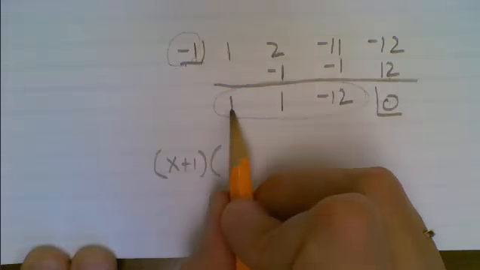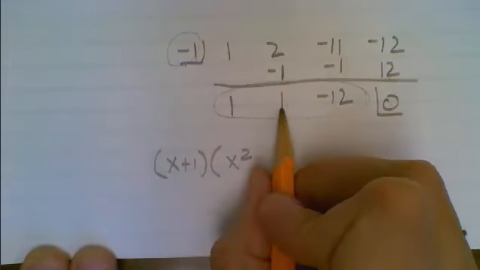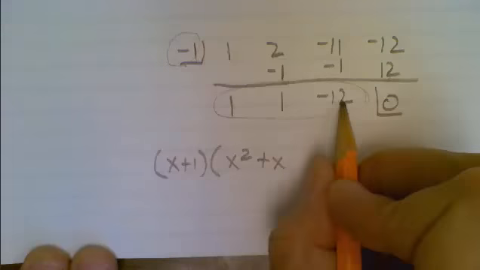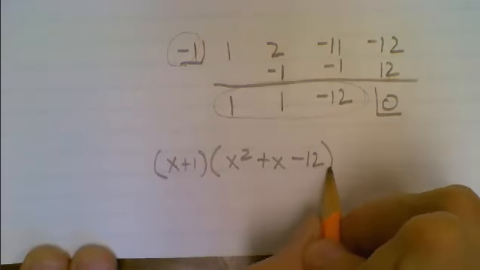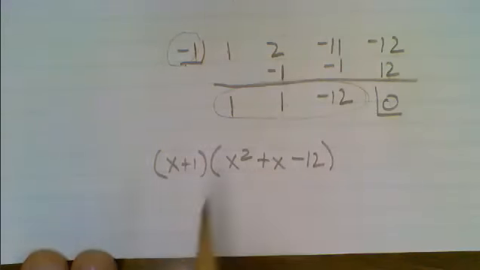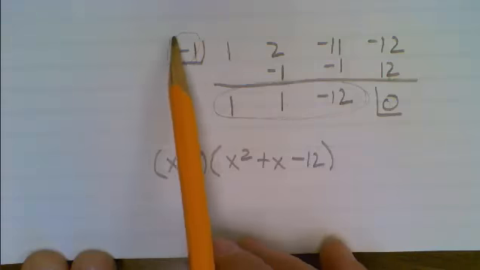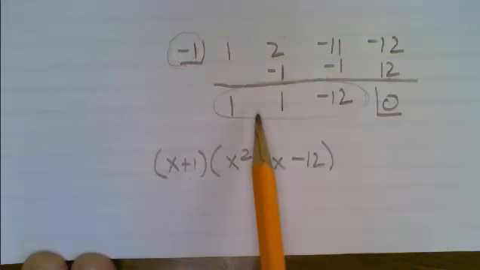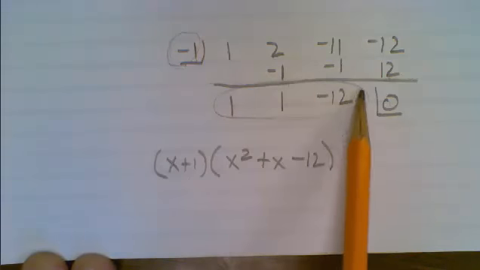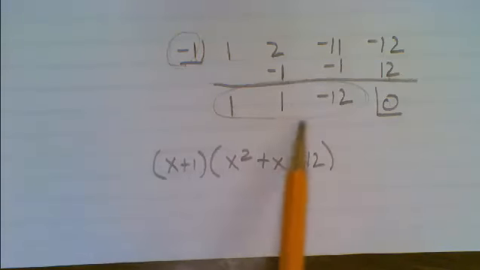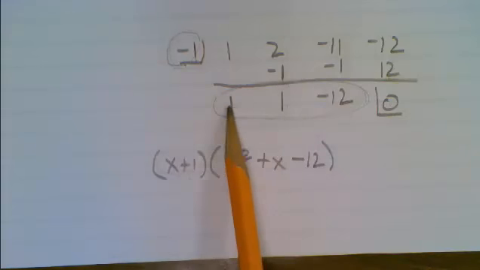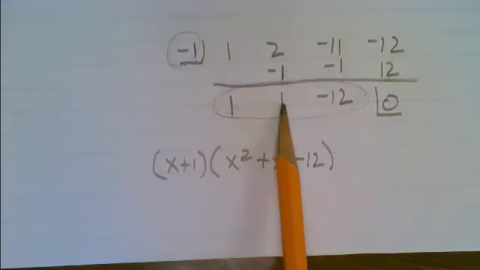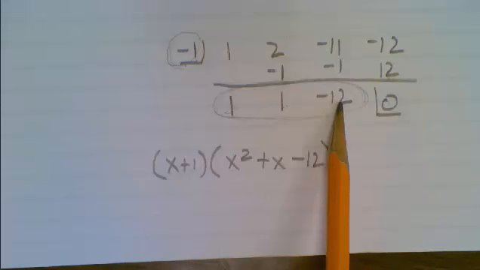So I'm going to have a 1x squared plus an x minus 12. So I'm getting this factor from the fact that that's a root of negative 1, so x plus 1. And then what's left here is what I get when I factor out the x plus 1. I get a 1x squared plus 1x minus 12.